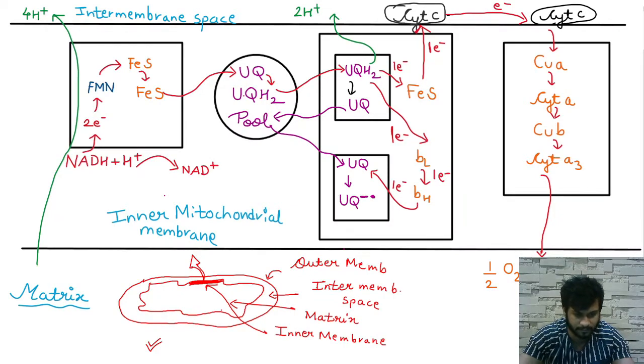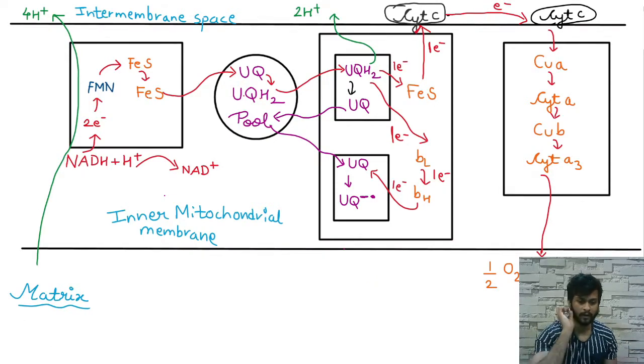Now we will start. NADH molecules are produced in glycolysis and the Krebs cycle. NADH molecules will enter the electron transport chain. It will come and bind to complex 1.